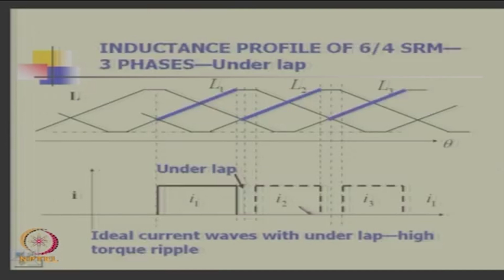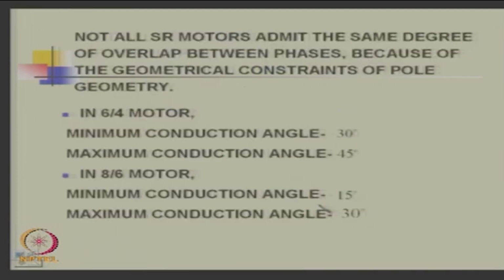So, this is what he calls underlap. There is I1 and I2, there is a gap here, and between I2 and I3 there is a gap here, is it not. I think this is the inductance profile of 6/4 with this type of underlap. Now, not all SR motors admit the same degree of overlap between phases.